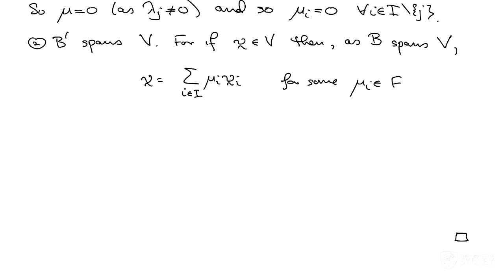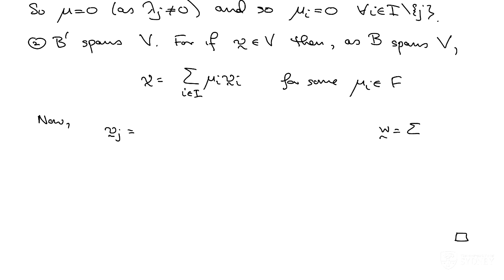But I just want to now turn that into a linear combination in B prime. So of course what I have to do is take the V subscript J element out and rewrite that in terms of W. So Vj was, so what was that again? So I'll write it over here.